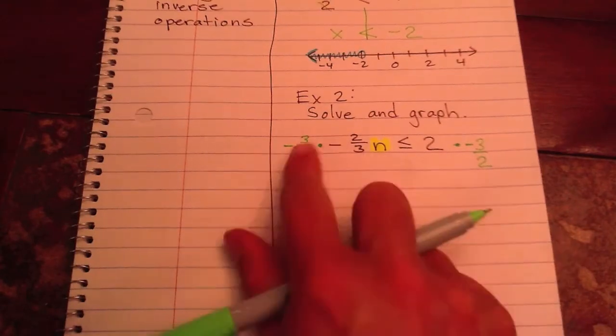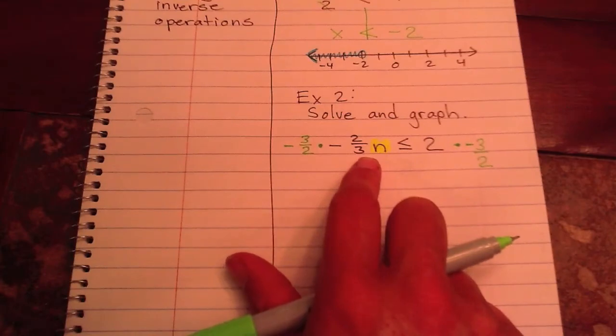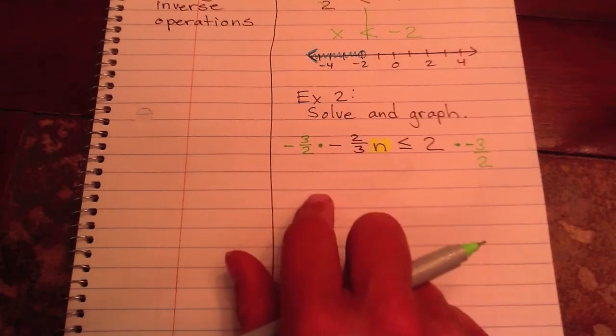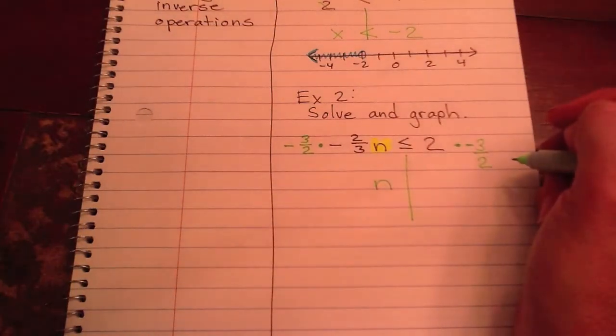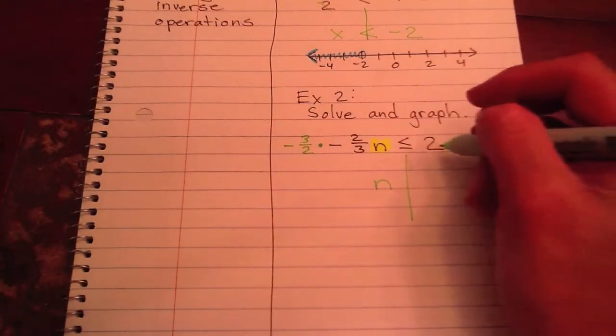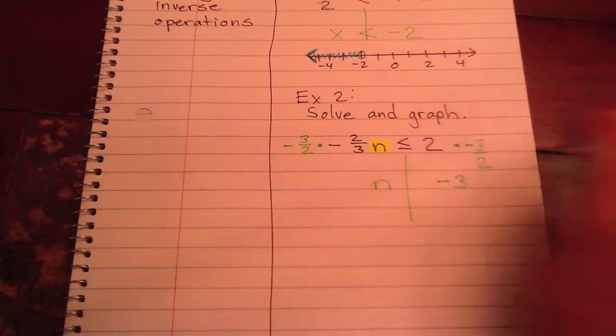When you multiply a negative times a negative, you get a positive. 3's cross cancel and become a 1. 2's cross cancel, become a 1. All you have left on this side is n. When you multiply here, notice your 2's cross cancel, and you just have -3.